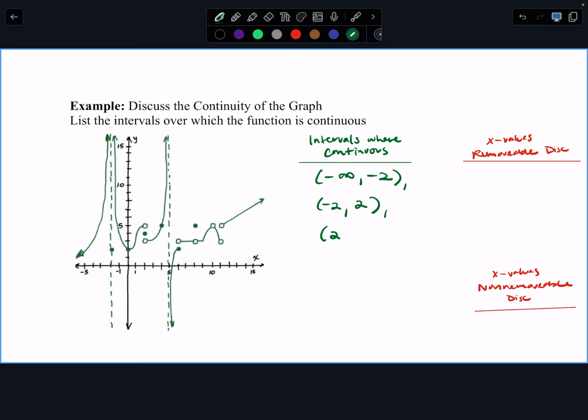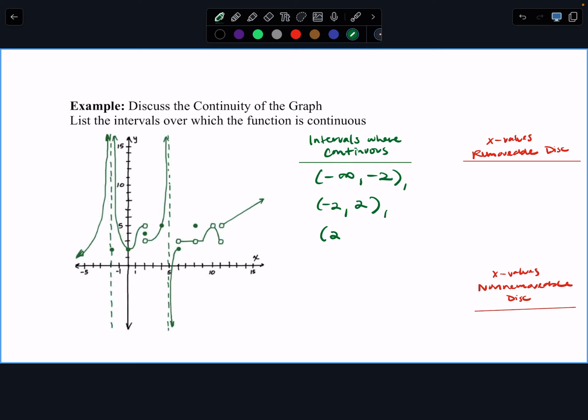Okay, to continue on, we'll keep talking about it. So then from 6 to, what was that, 8? From 6 to 8, we have to lift our pencil. We wouldn't include any of those endpoints.